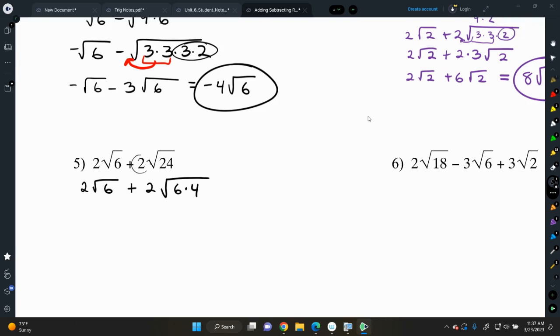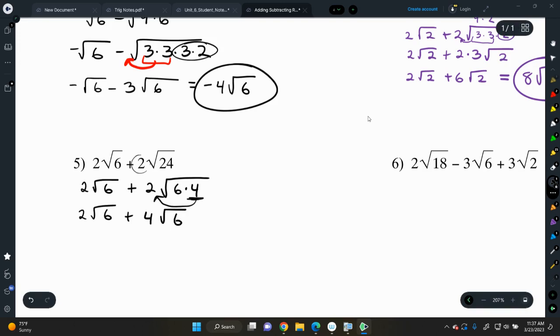Oh, well, and then I brought that out and then I put plus 4. Good. Okay, so taking the square root of 4, that's 2. That comes outside. So now 2 times 2 is 4. Okay. Root 6. Perfect. Excellent. Okay.